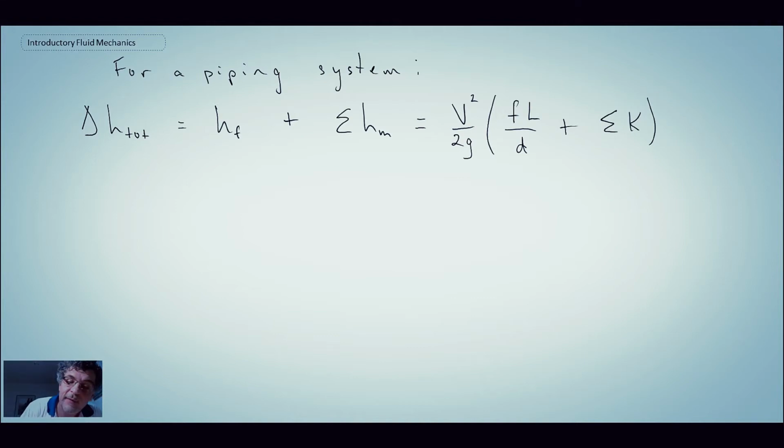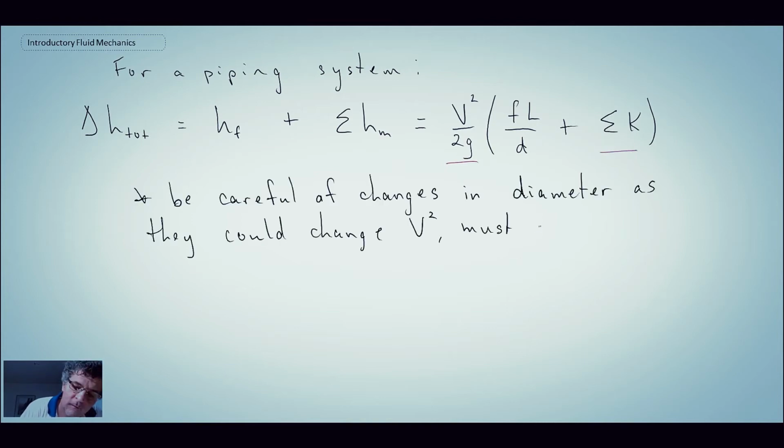Now, one thing that we need to be careful with, we have a velocity here applied to a loss coefficient sum. If the diameter changes within our piping network, then we need to sum them individually. So let me just make a little comment about that. If you have a change in diameter, that's going to lead to a change in velocity, and you must sum those separately because the average velocity in the pipe is going to change.